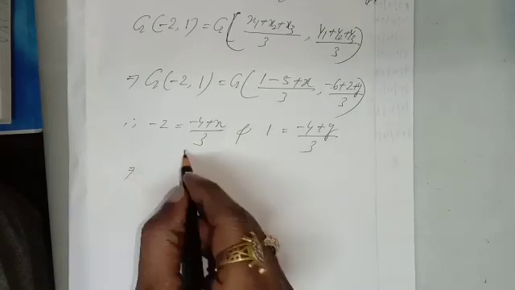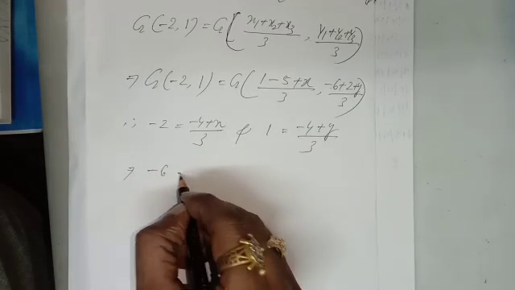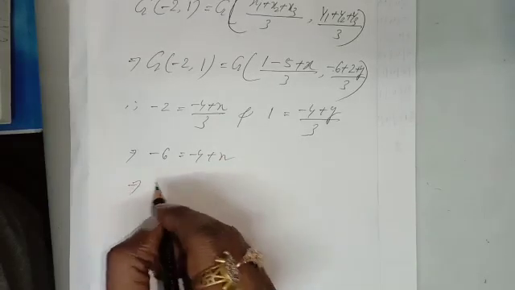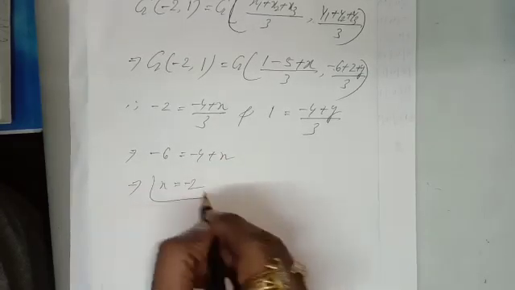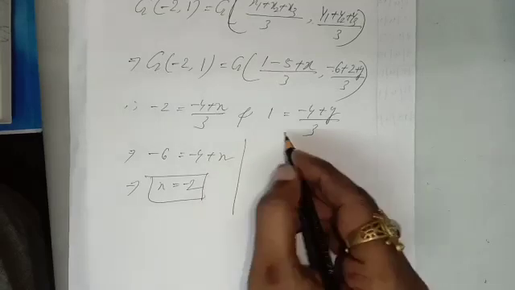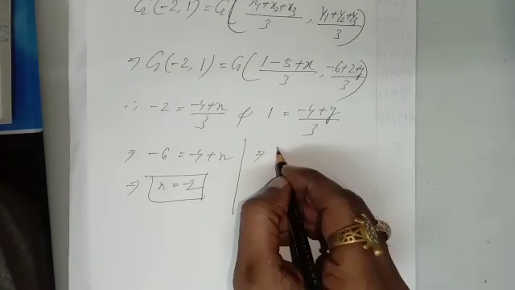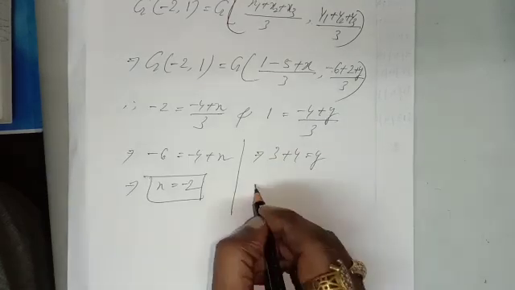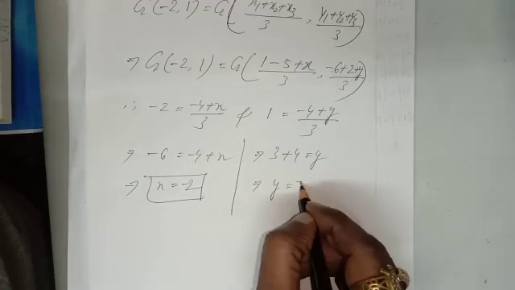So here I will get -6 is equal to -4 plus x, therefore x will be how much? x is equal to -2. Now find y. By cross multiplication, you will get 3 plus 4 is equal to y. This implies y is equal to how much? 7.